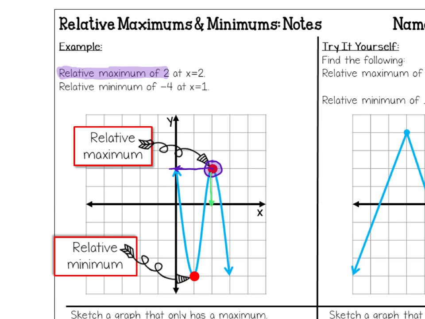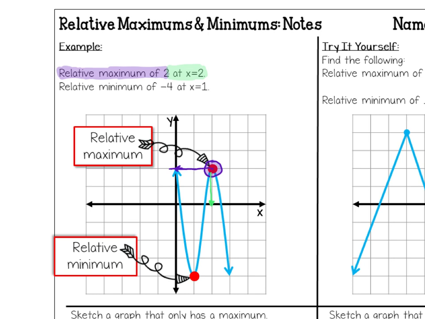Oh my goodness, I'm getting my x and my y's confused. I'm so sorry. I'm going to go to my y value first and find out where it's at. And then I'm going to go to my x value, and that's going to become part of my definition of where it's at. And I'm going to say I have a maximum of 2 at x equals 2. So when x equals 2, I have a maximum at 2, is basically what it's saying.